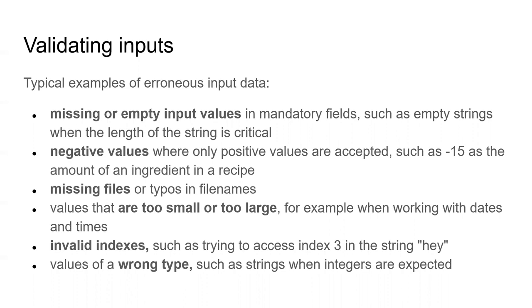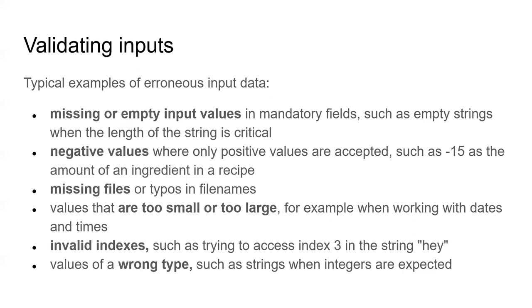But there are a lot of errors that may occur, and here are some examples. Missing or empty input values are typical examples of errors. Negative values, when you're reading data from a user or from a file and you're expecting only positive numbers, and then you get negative numbers. Those might be difficult, for example, if you're using them as an index. Missing files are something I mentioned before.